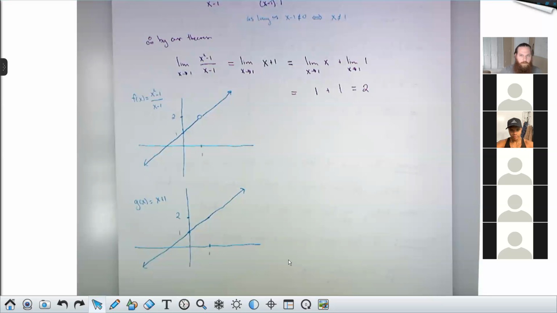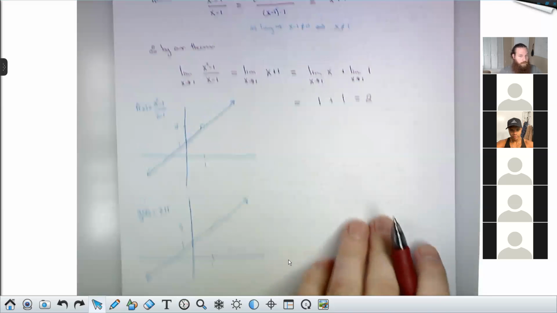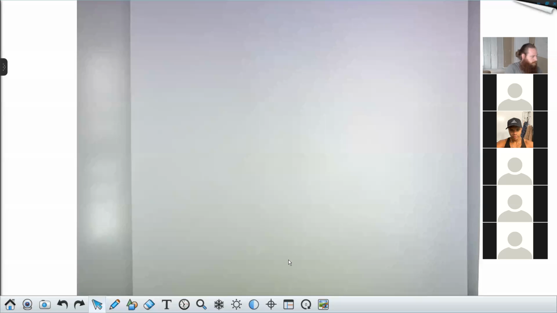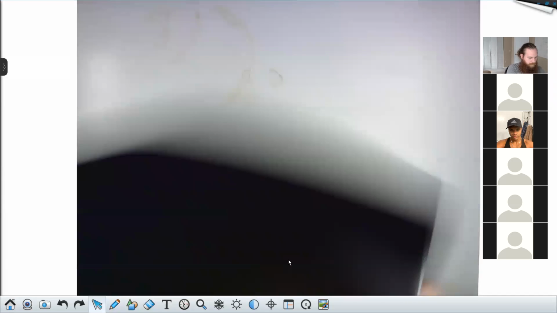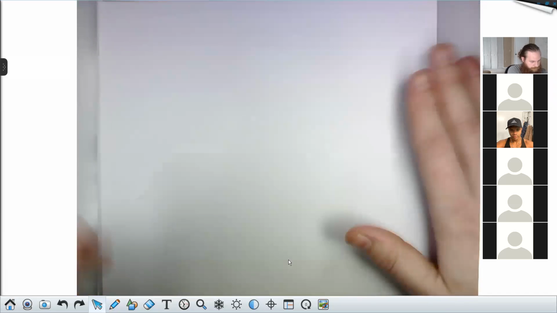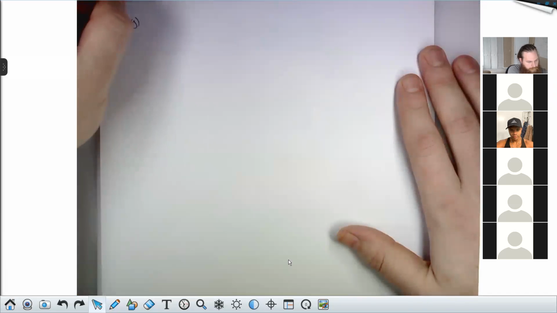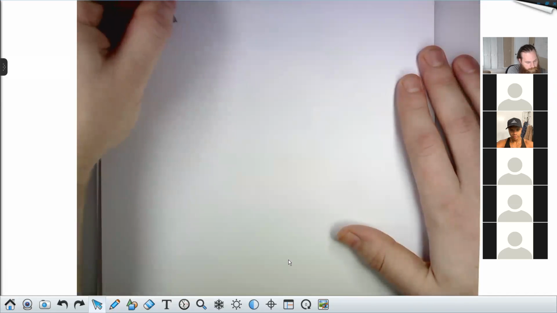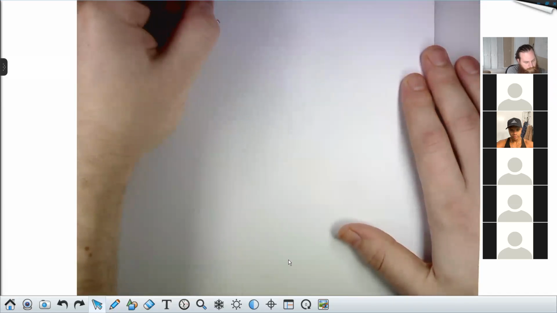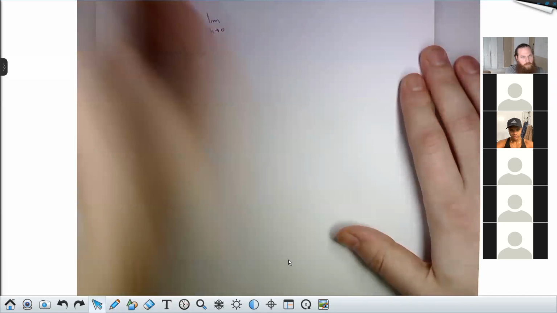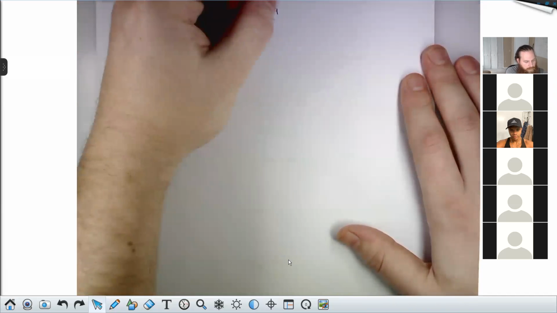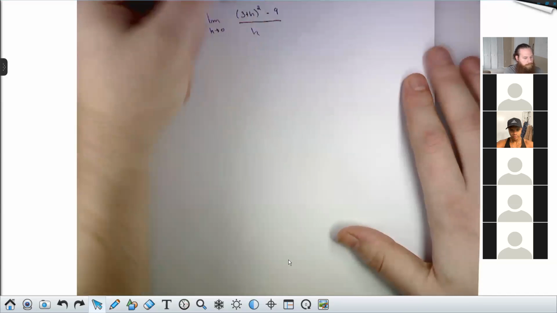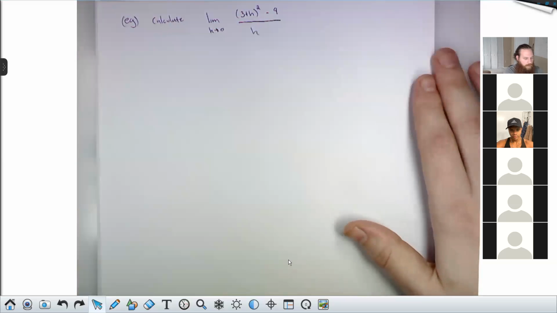All right, let me give you a slightly tougher example. And we're going to go through the same sort of procedure. So I'm going to use the variable h here. We're going to find the limit as h goes to 0 of (3 plus h) quantity squared minus 9, all divided by h. Again, I cannot plug in 0.